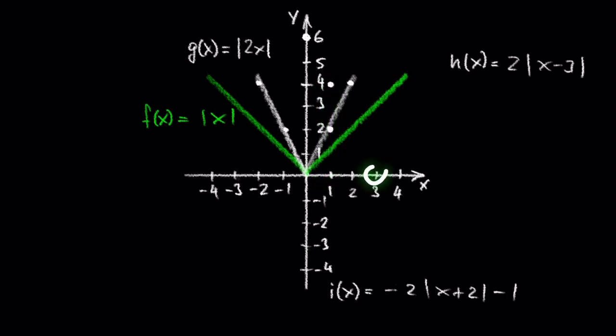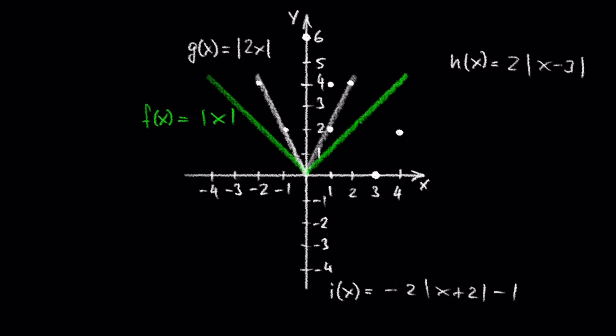Let's try 3. 3 minus 3 is 0, and the absolute value of 0 is 0. 2 times 0 is 0. So 3, 0 is a point on the graph. Let's try 4. 4 minus 3 is 1, and the absolute value of 1 is 1. 2 times 1 is 2, so 4, 2 is also a point on the graph.